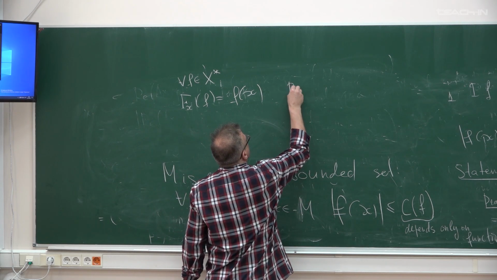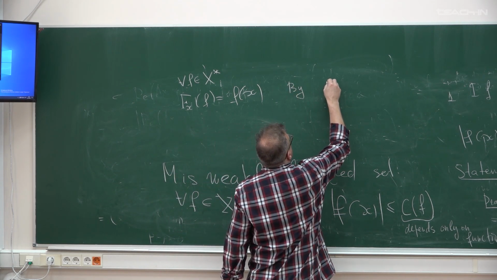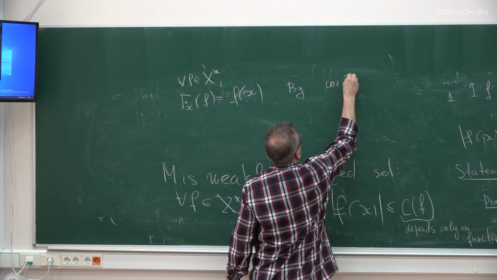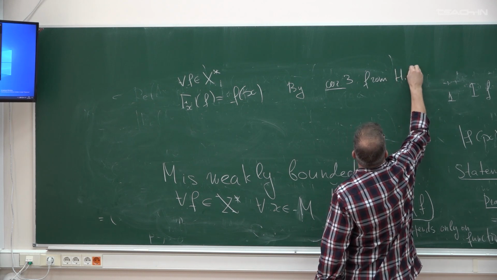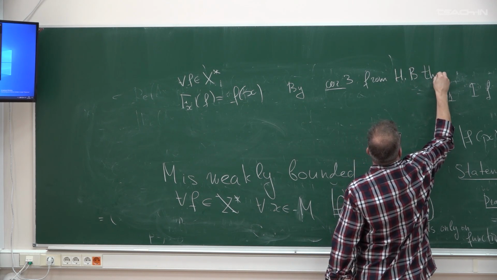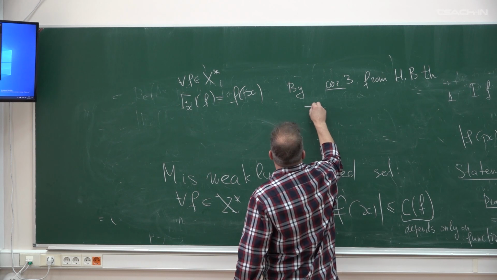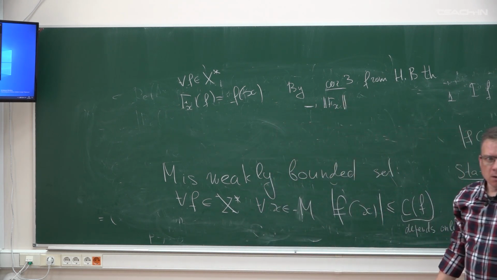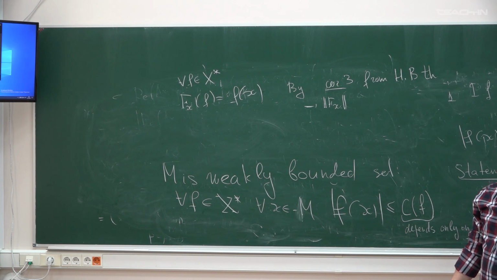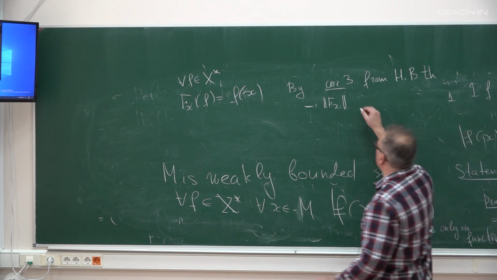By corollary of the Hahn-Banach theorem, we know that the norm of this functional equals what? Then it equals the norm of x.